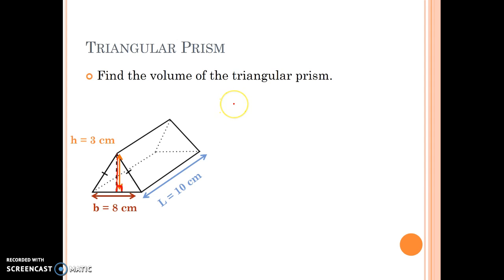Okay, let's go ahead and write the formula. Volume equals 1/2 times base times height times length. And let's fill in our variables. Volume equals 1/2 times 8 times 3 times 10.